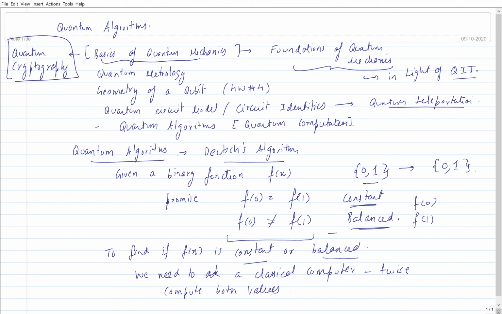Now the question is, can quantum mechanics do better? For that, consider the following unitary operator U_f, which takes an input x,y, where x and y would be 0 or 1.